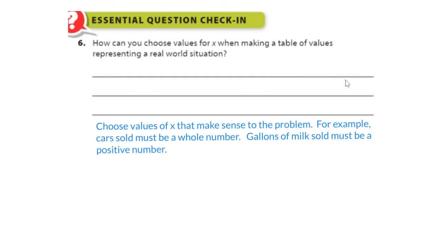I mean, you have a gallon or you don't. And they would be whole numbers also. As long as you have down, choose values of x that make sense to the problem, that's really going to be it. And it's nice to have an example. For example, you could have down games played must be a whole number.